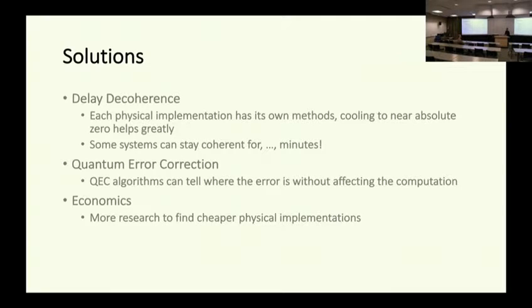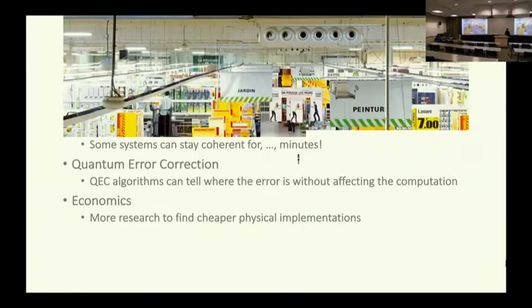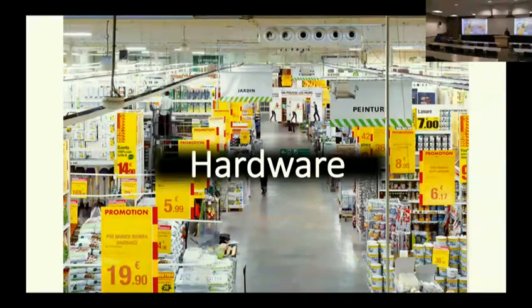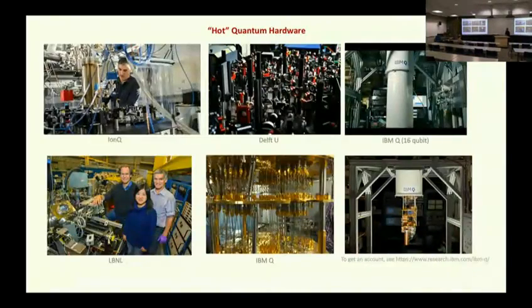Obviously, everyone is looking to find some way to implement this, so that perhaps if you could do this at room temperature, well, that would be amazing. And there are some people that are actually trying exactly that. So hardware. Here are some sexy quantum computers.